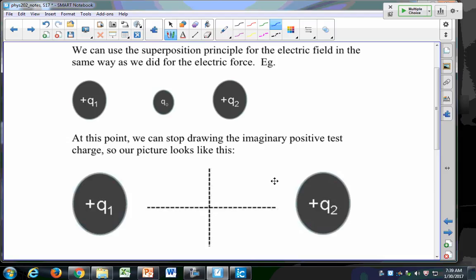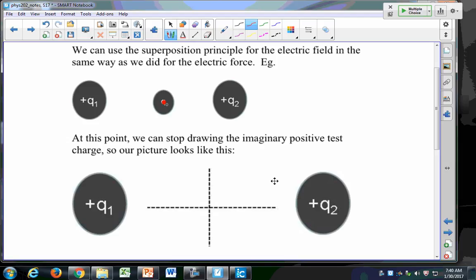So we can use the superposition principle to find the electric field. Say that we want to know the electric field at some point right here. We imagine that we put our positive test charge at that point, and then we figure out the direction of the electric field due to these individual charges. So at this point, where I imagine I have my positive test charge, I ask myself, what is the electric field due to Q1?